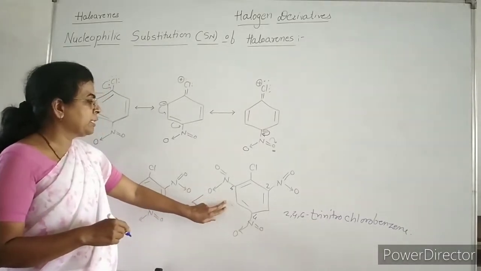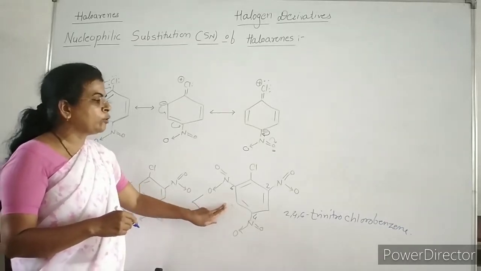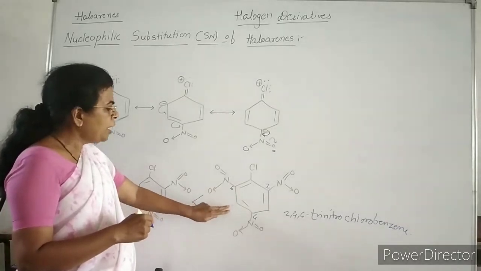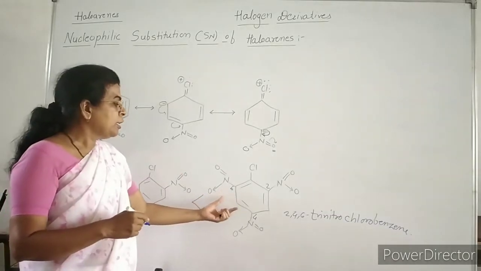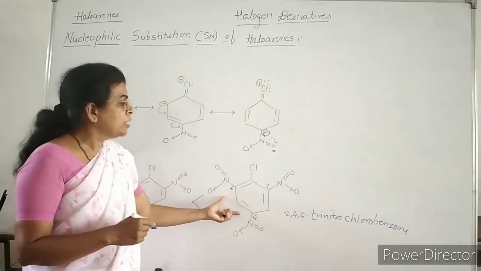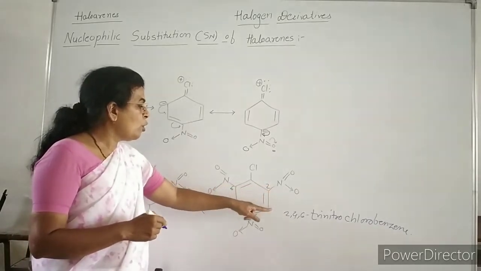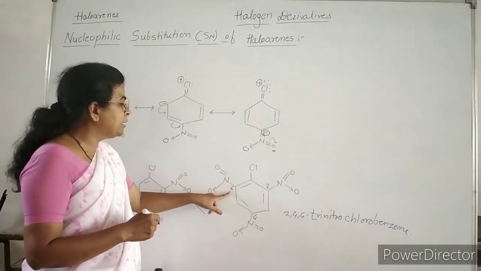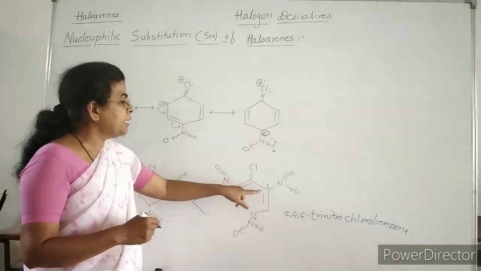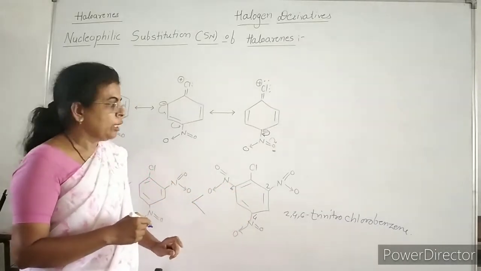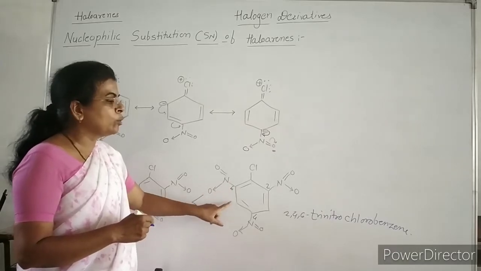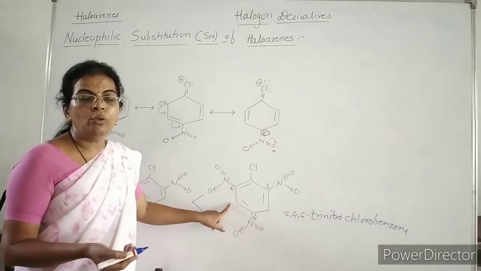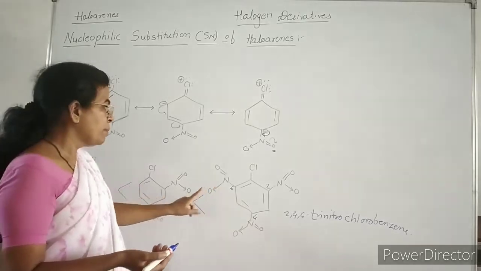Now in case of this example, this is 2,4,6-trinitrochlorobenzene. Here the nucleophilic substitution reaction takes place very fast because 3 electron withdrawing groups stabilize the negative charge present at ortho and para position, and therefore this compound, that is 2,4,6-trinitrochlorobenzene, easily undergoes nucleophilic substitution reaction.